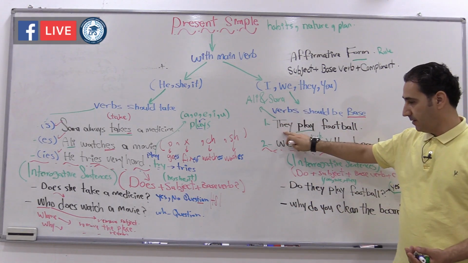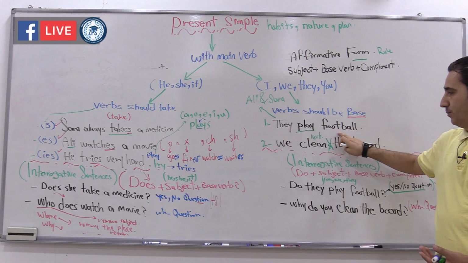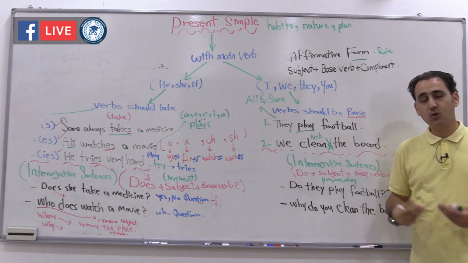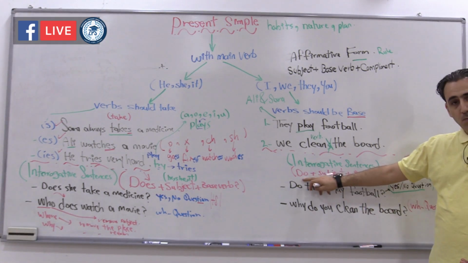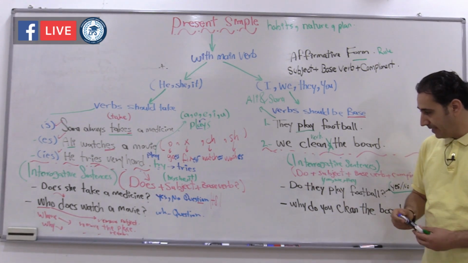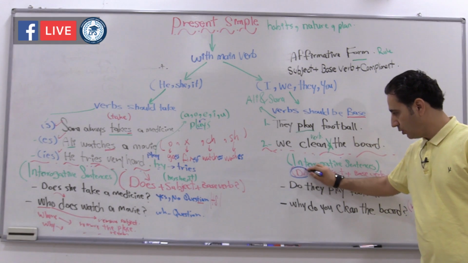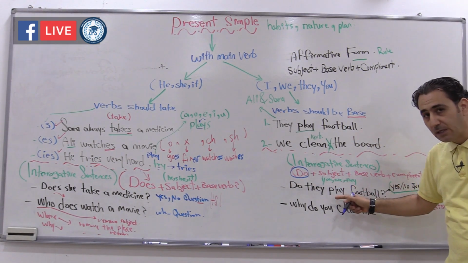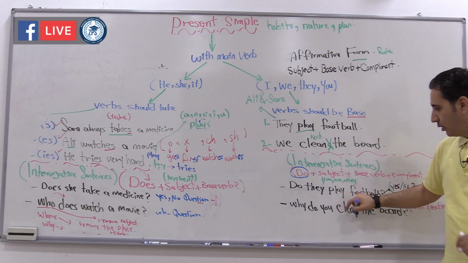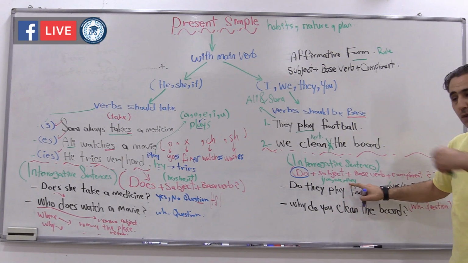So this is the affirmative sentence. They play football. How can we make an interrogative sentence? Put do at the beginning, please. Do. Then the subject. What kind of subject? You, we, or they.